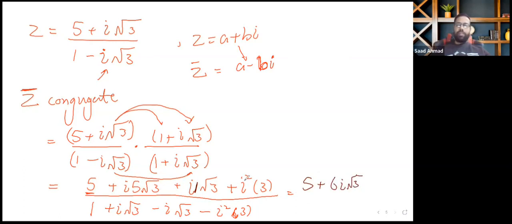And i squared is minus 1, so that will be minus 1 times 3. Now you see this one is with minus and this one is with plus, so they can cancel out. And i squared is actually minus 1. So we will have 1 minus 1 times 3.